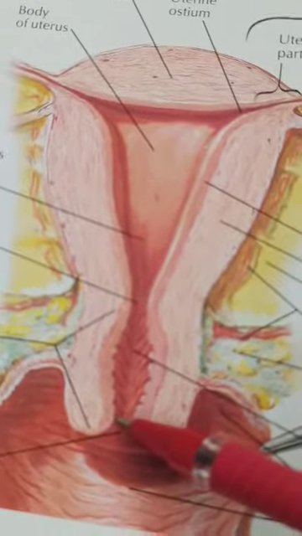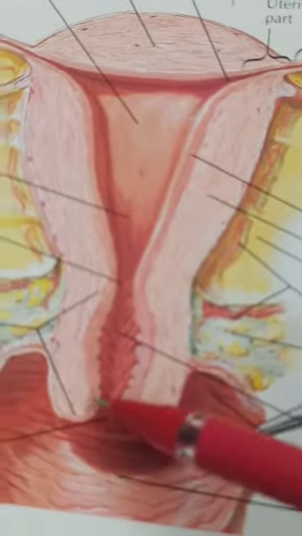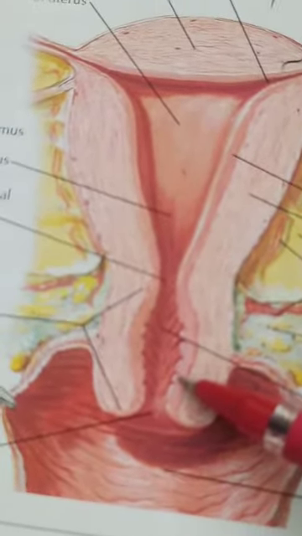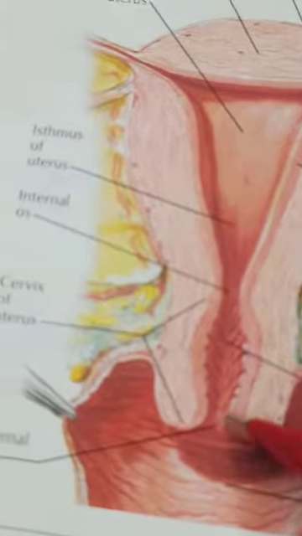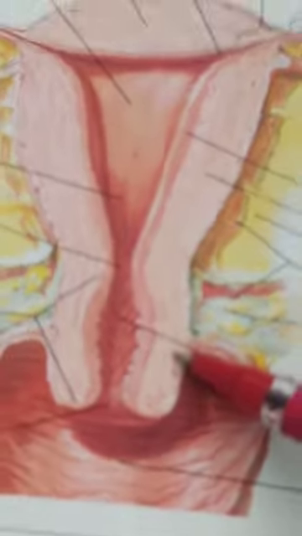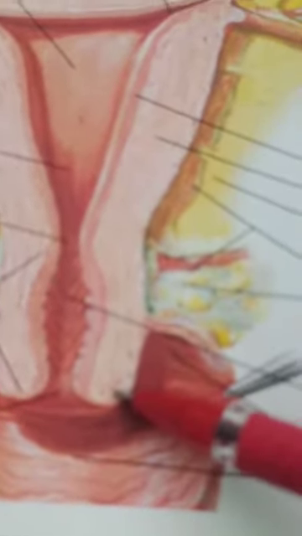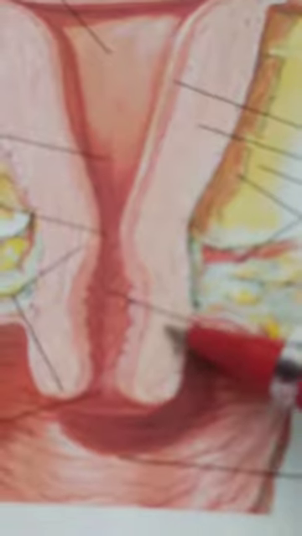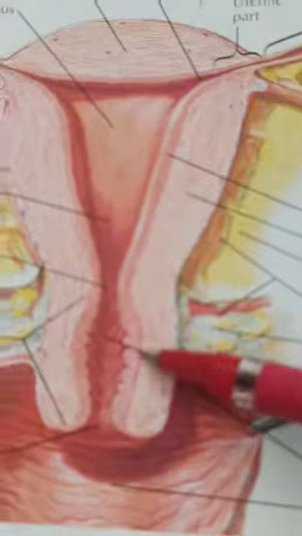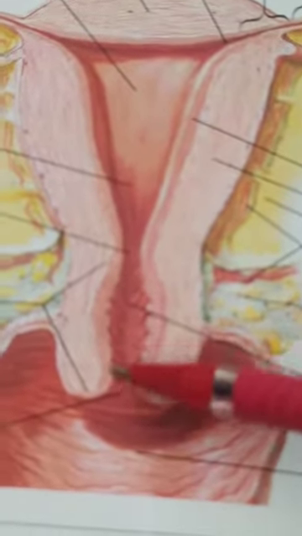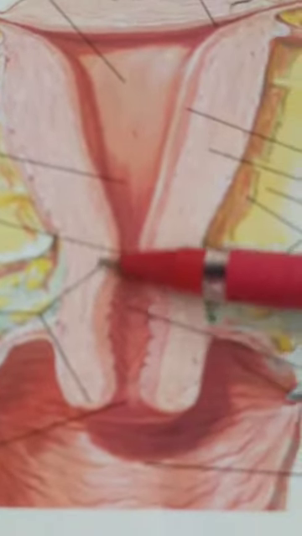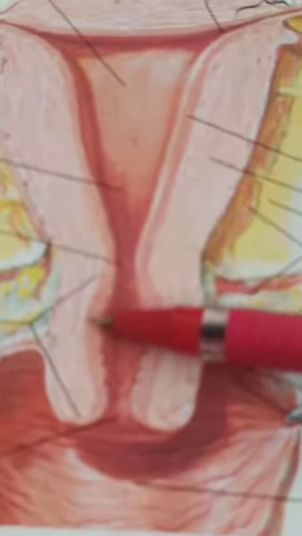The lower part of the cervix projects into the anterior wall of the vagina, and divides the cervix into the supravaginal part and the vaginal part. The vaginal part is the part seen inside the vagina, and this part above is the supravaginal part.